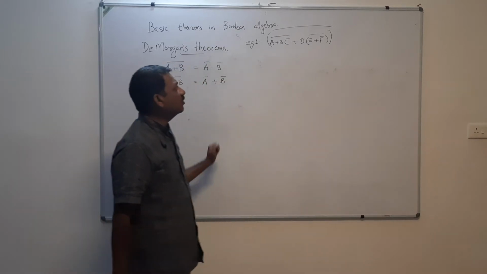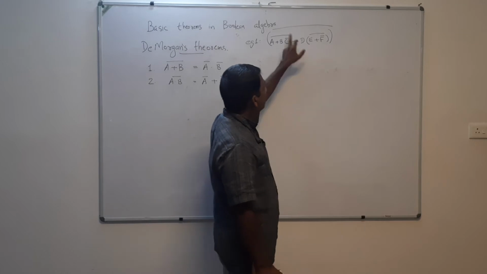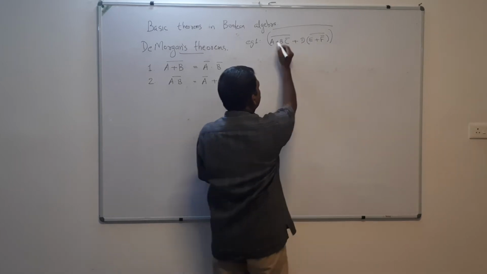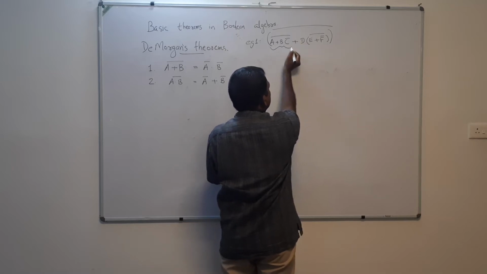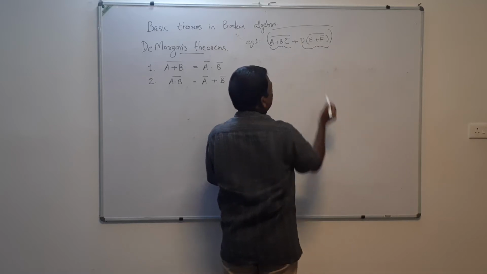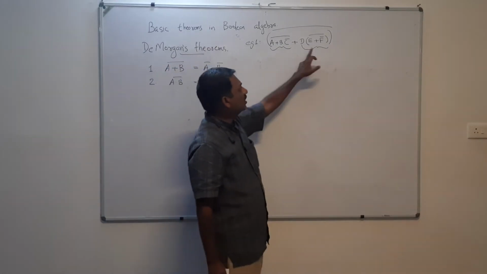Now, using De Morgan's theorem, as far as this bar is concerned, you have two literals, this one and this one.